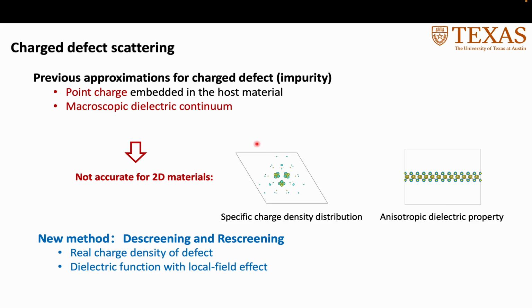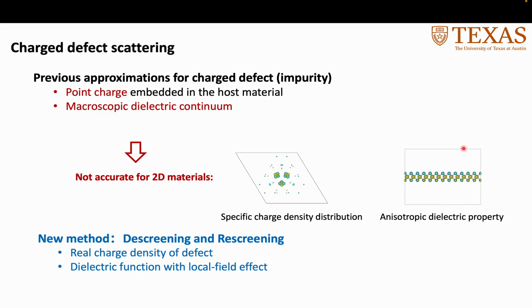For example, this is the example of a -2 sulfur vacancy of two-dimensional MoS2. This kind of charge density has a specific distribution, so it can't be approximated as a point charge. This is another perspective, and this direction is the z direction.